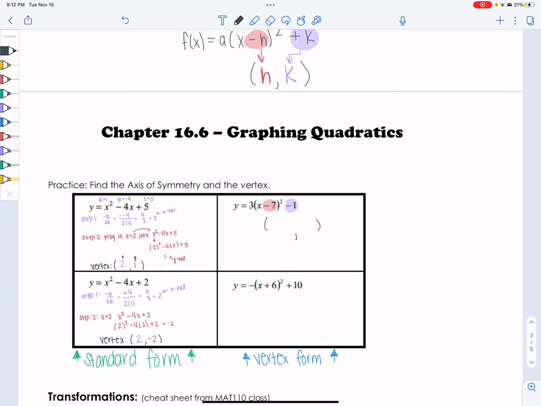K is not. And so H is going to go to 7. K is going to stay as -1. So change the sign of H, keep the sign of K. And so my vertex for that one is going to be 7, -1.